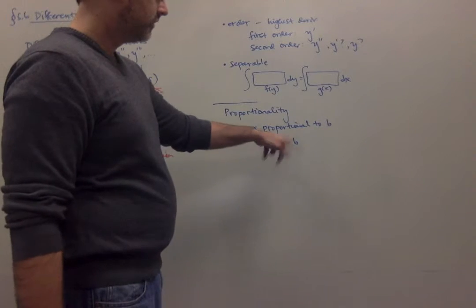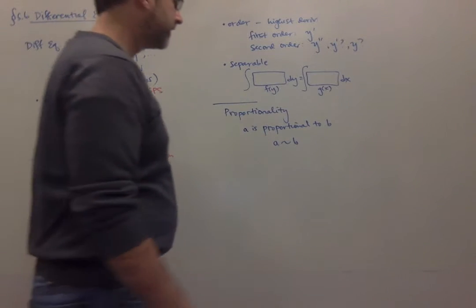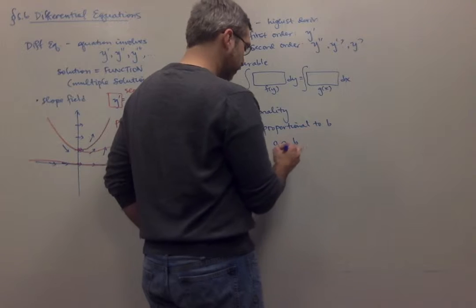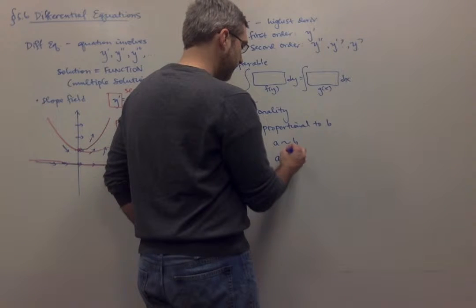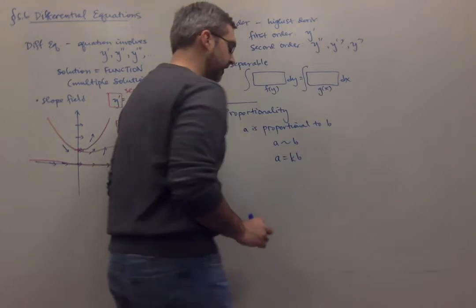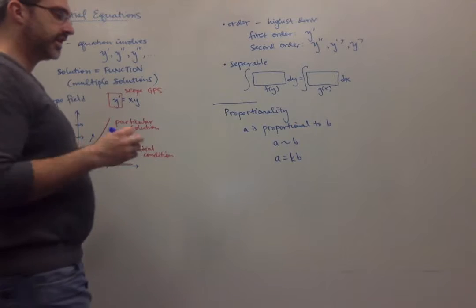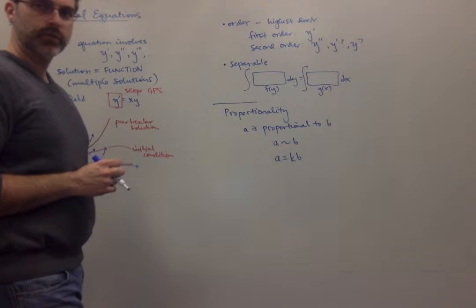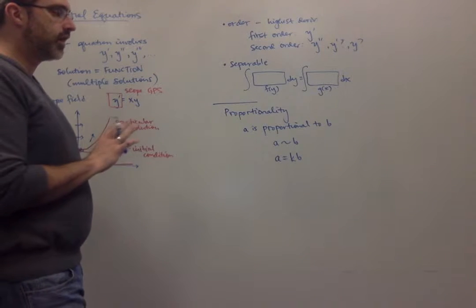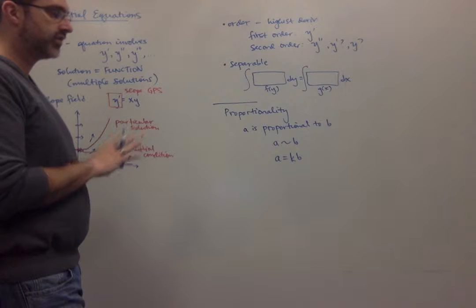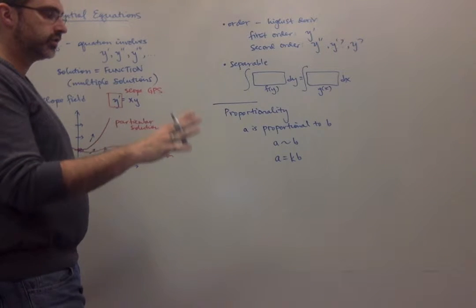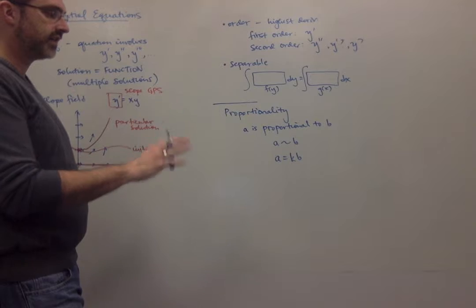A tilde B, that's how we write that. But what it means for two things to be proportional is that one of them is a constant times the other. A is proportional to B. What that means is one is a constant times the other. Oftentimes we're talking about functions here. One function is proportional to another if one is a constant times the other.